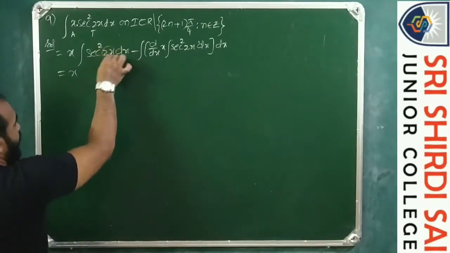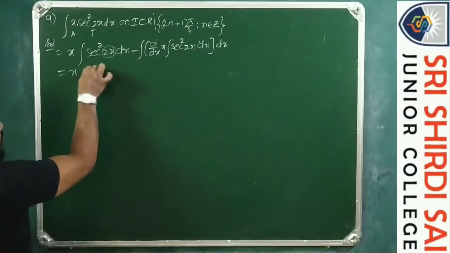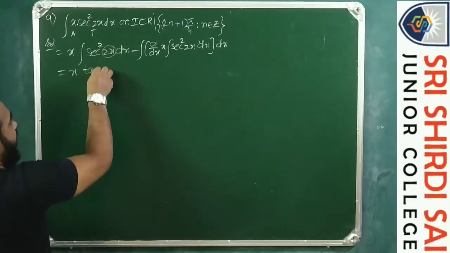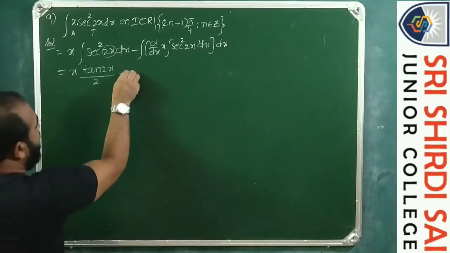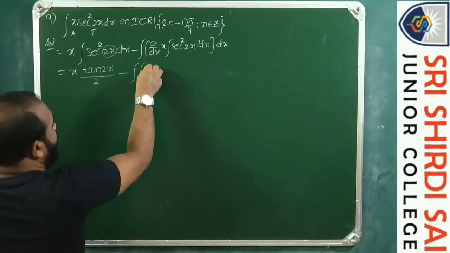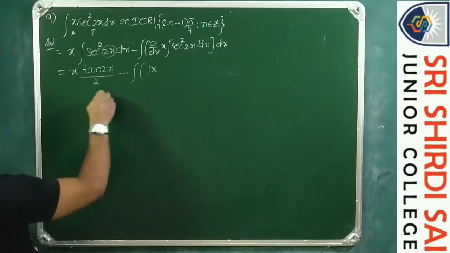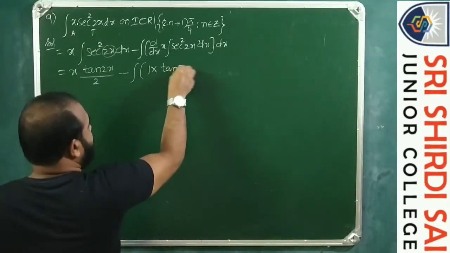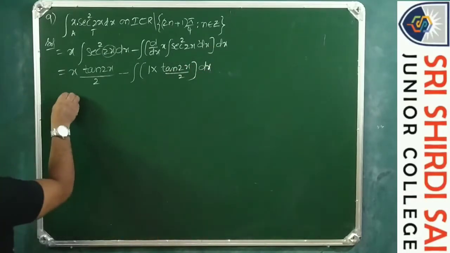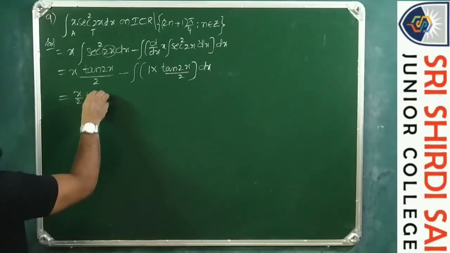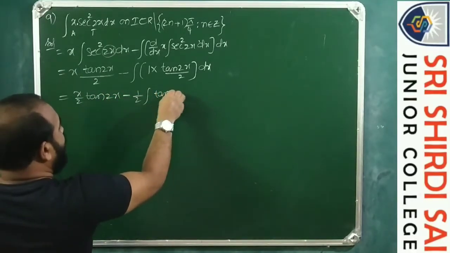So this is x into integral secant square x dx is tan x. So integral secant square x dx is tan x, so tan 2x by d by dx of 2x is 2, minus d by dx of x is 1, integral secant square 2x is tan 2x by 2 dx. So this is x by 2 tan 2x minus 1 by 2 integral tan 2x dx.